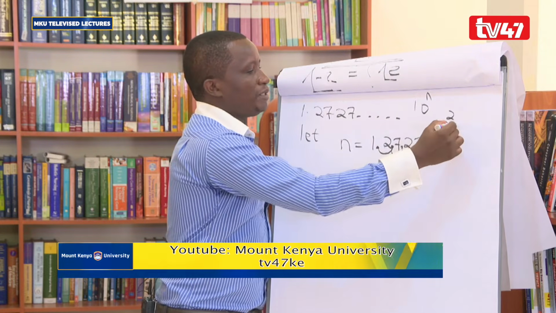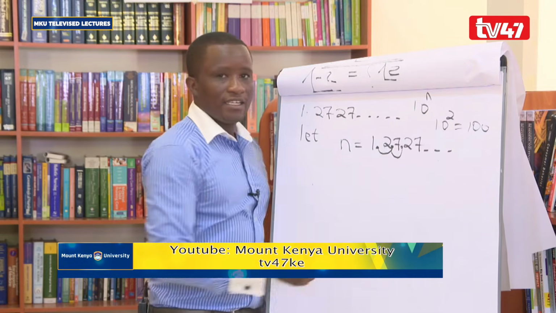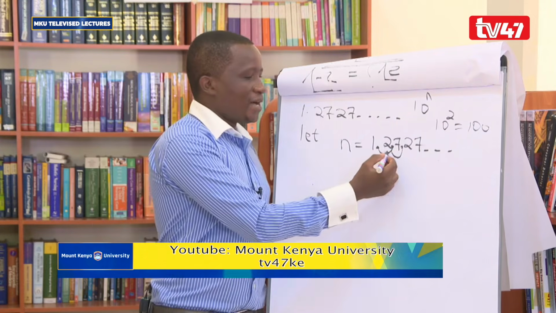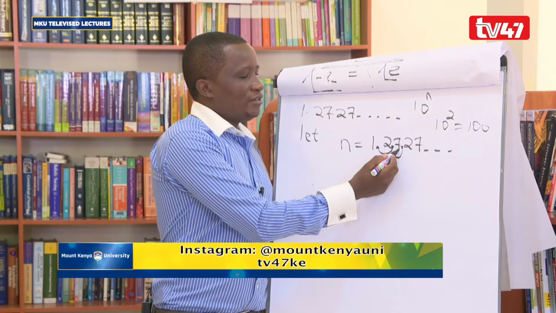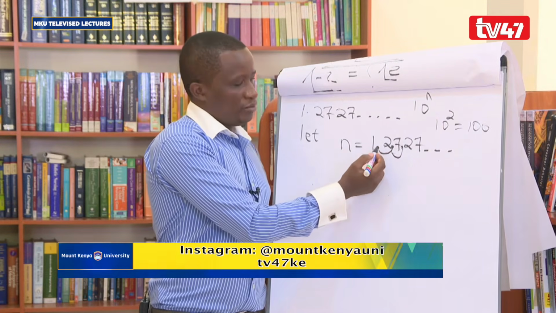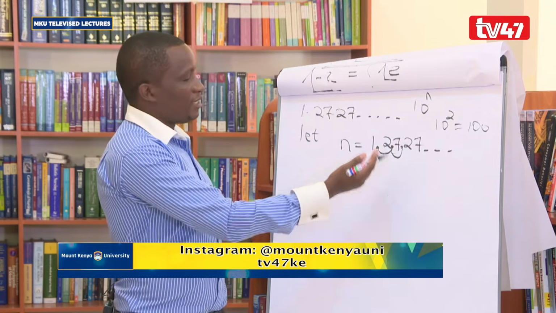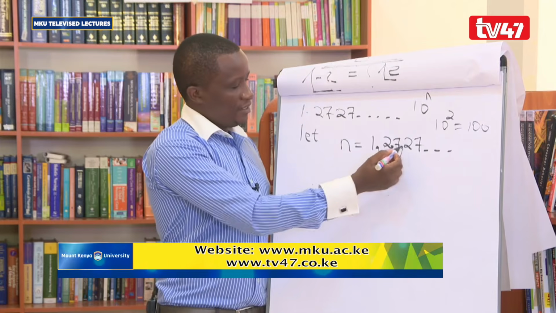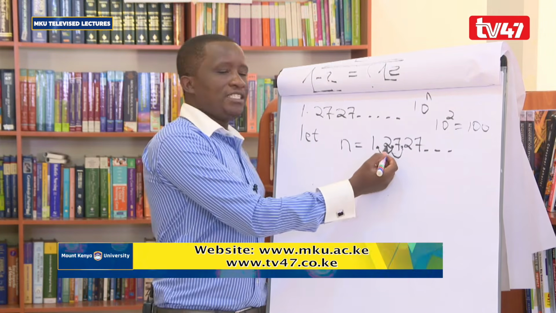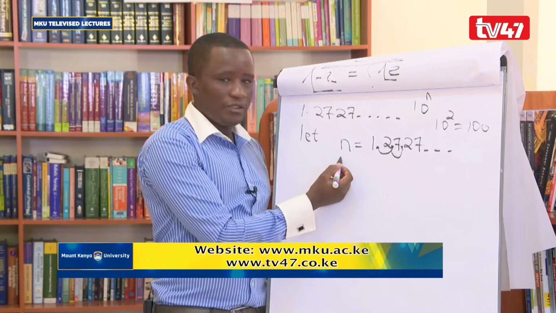So I need 10 to the power 2, which is 100. By multiplying this number by 100, I'll be able to shift this decimal to the right, such that the decimal will just be after this 7. But if I have to do that on this side, I also have to do it on this side.